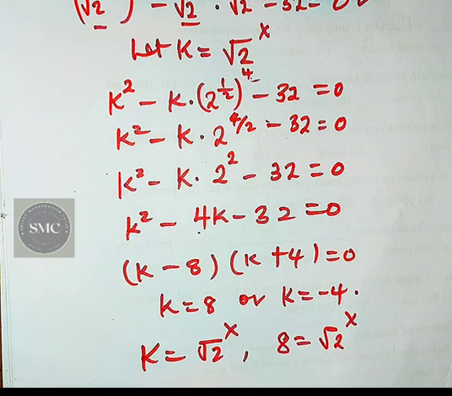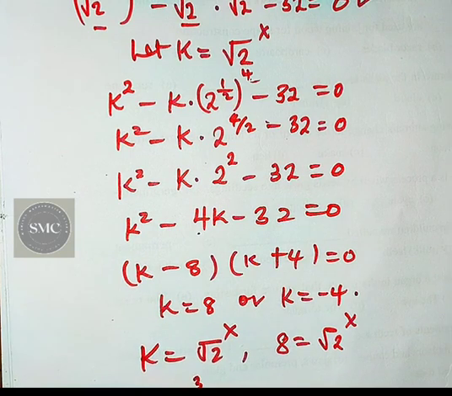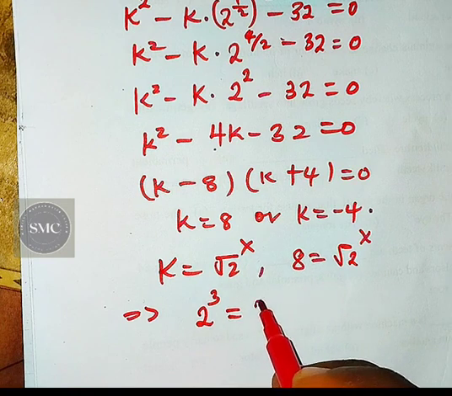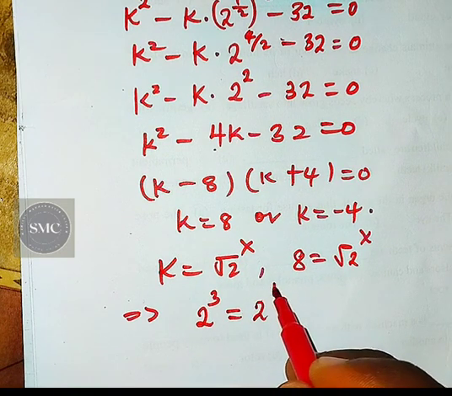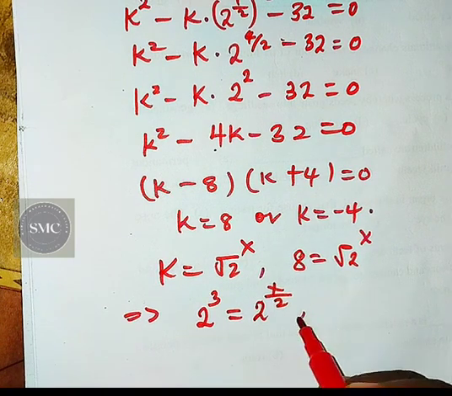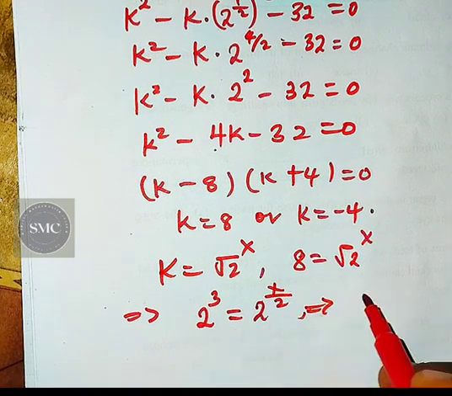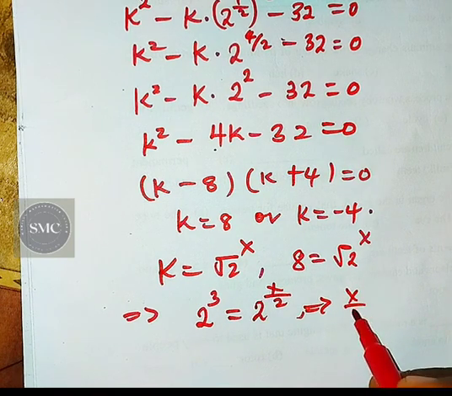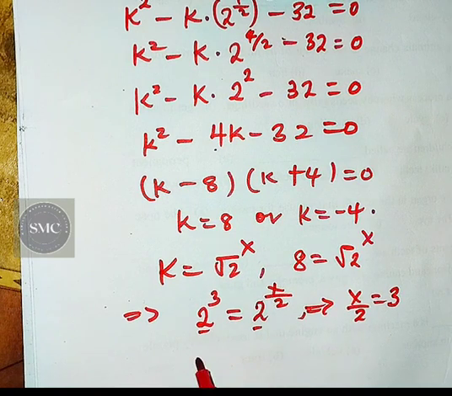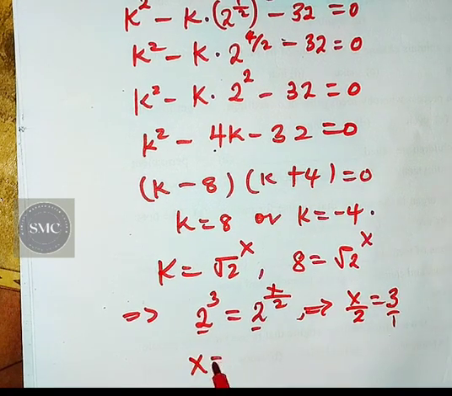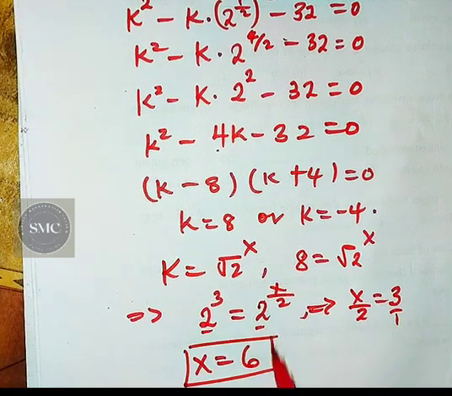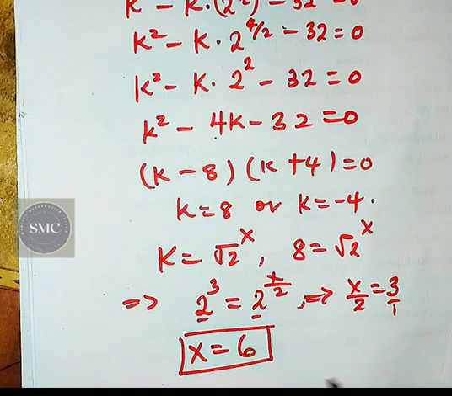Writing 8 in index form, we have 2 to the power 3 equals 2 to the power x over 2. Are you getting it now? So from here this implies x over 2 equals 3, because the two bases are the same. So cross multiplying, we have x equals 2 times 3, which is 6. That is the first one.